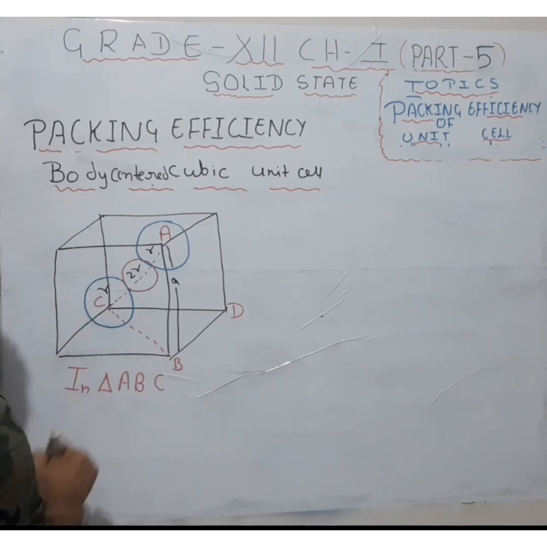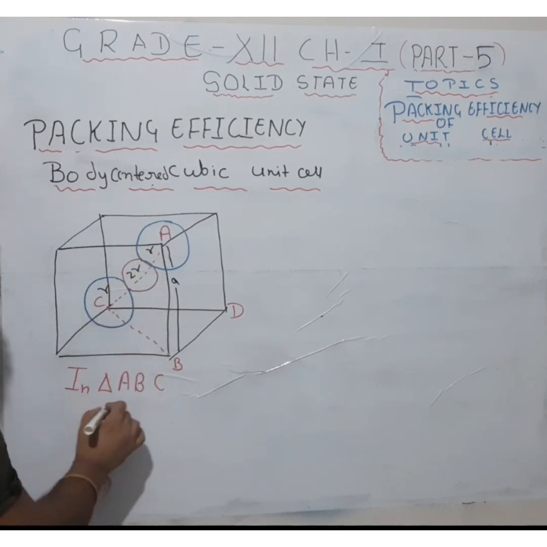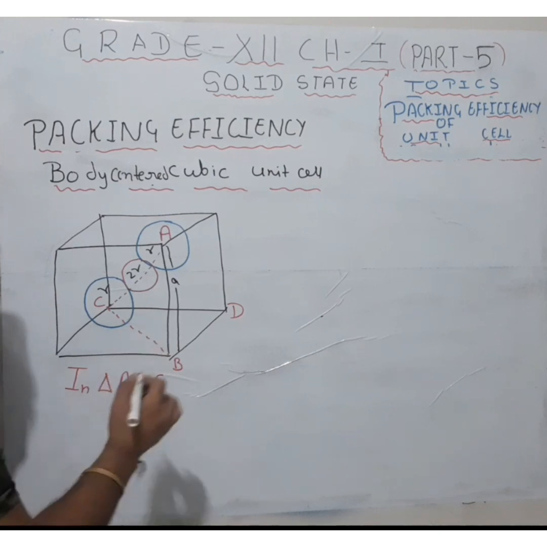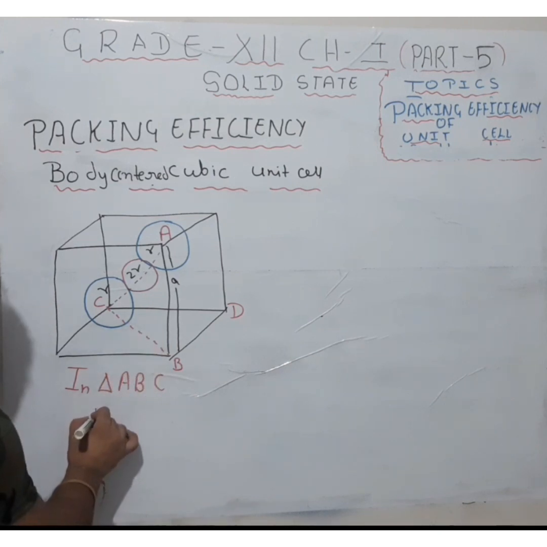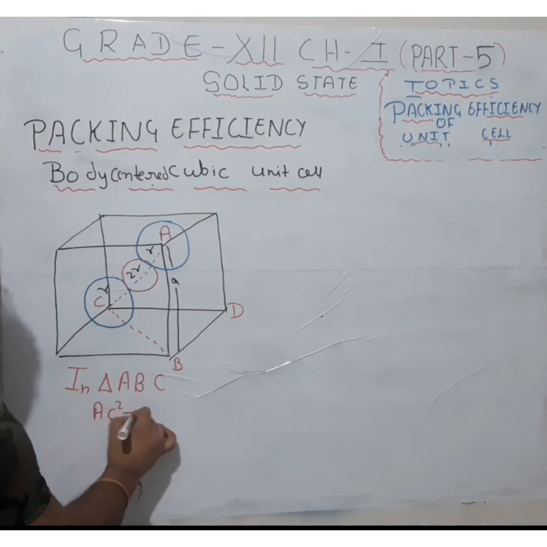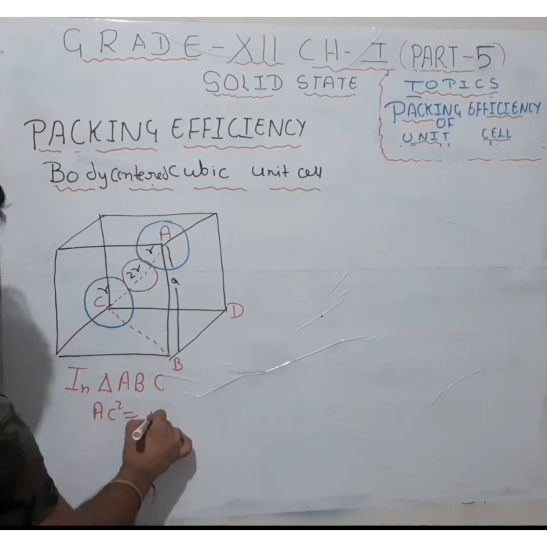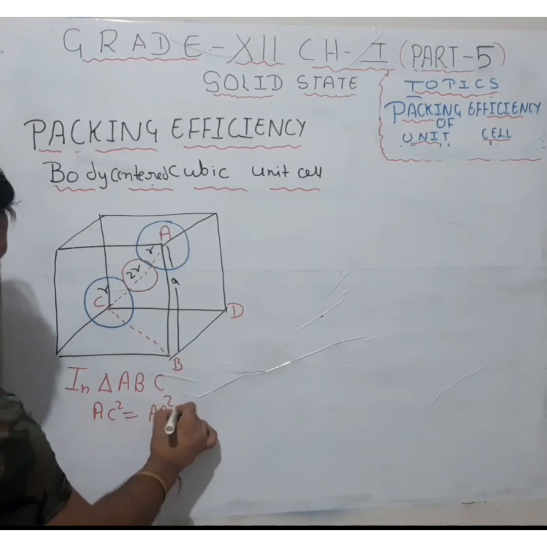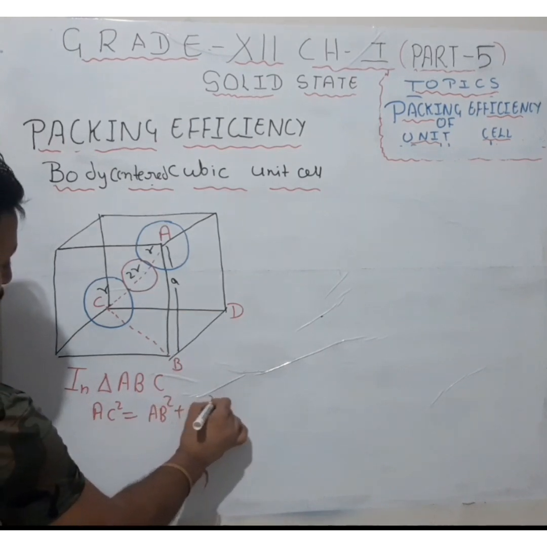In triangle ABC, which is right angled at B, we will be using the Pythagoras theorem here, that is AC square will be equal to AB square plus BC square.